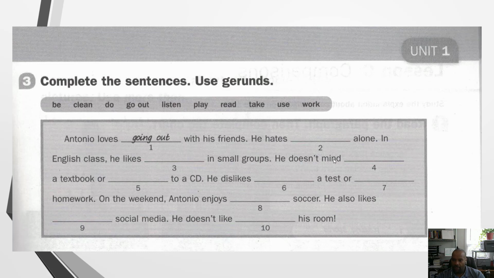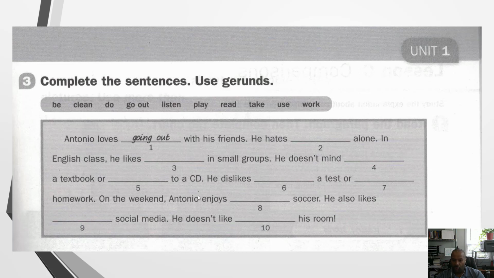He doesn't mind, I put down reading from read, reading a textbook, or I put down listening, from the word listen, listening to a CD. He dislikes, I put down taking from the word take, taking a test, or doing from the word do, doing homework.